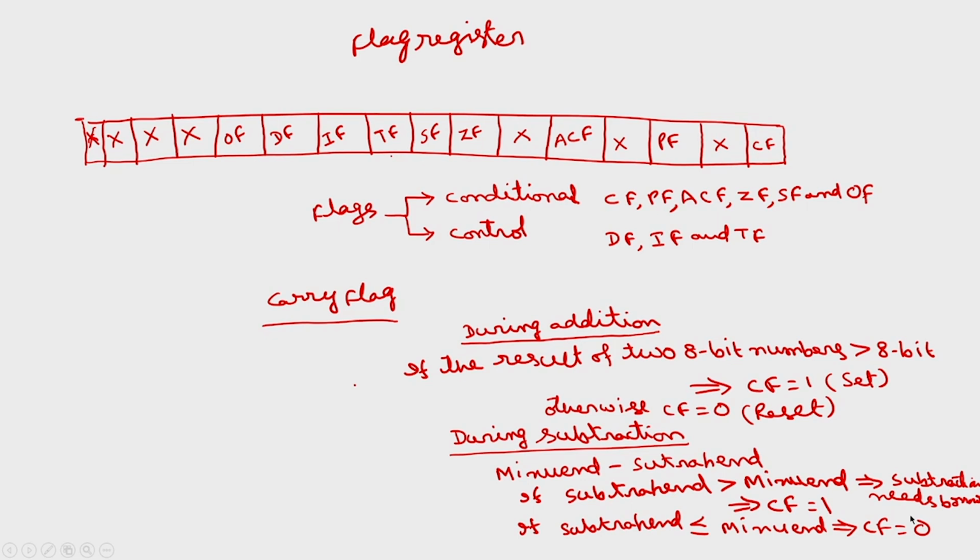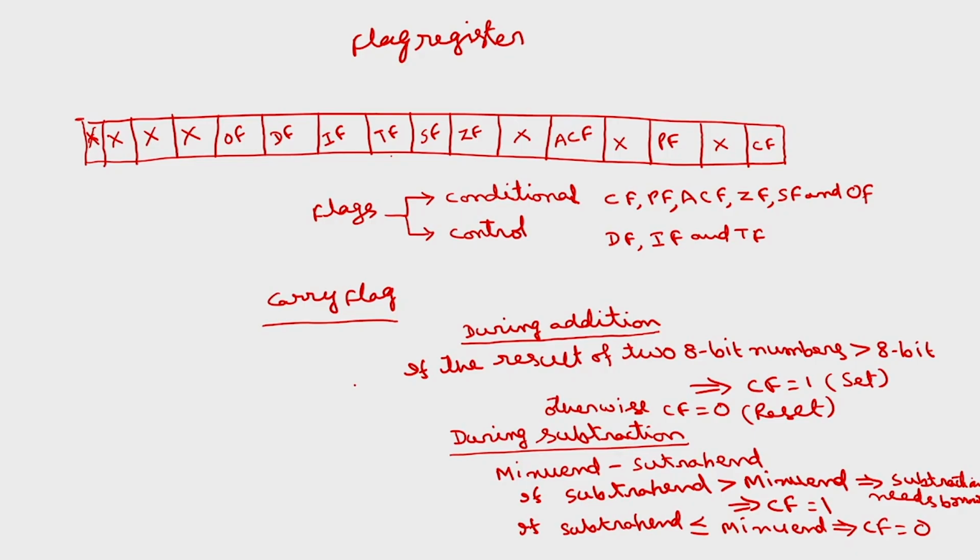This is the case whether it is an 8-bit number or a 16-bit number. So, if you want to perform the subtraction of two 8-bit numbers or two 16-bit numbers, if the subtrahend is greater than the minuend, then the carry flag will be set. If the subtrahend is less than or equal to the minuend, then the carry flag will be reset.